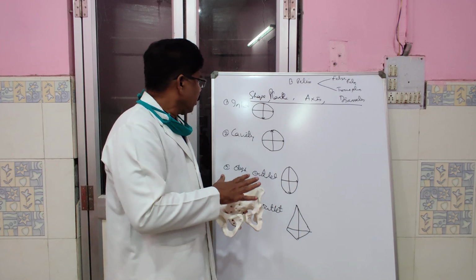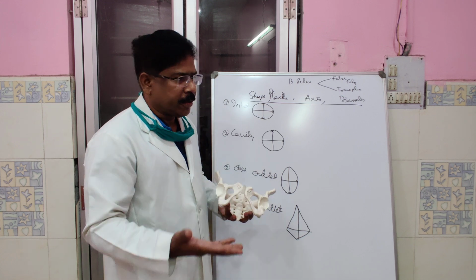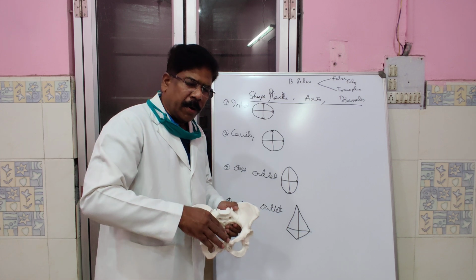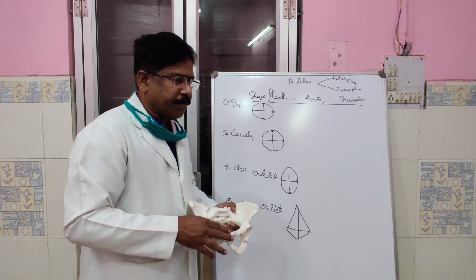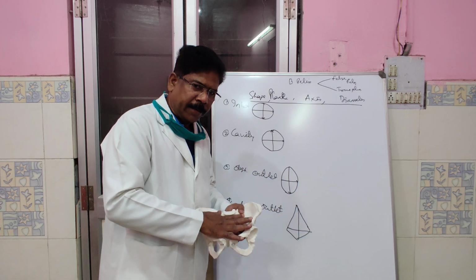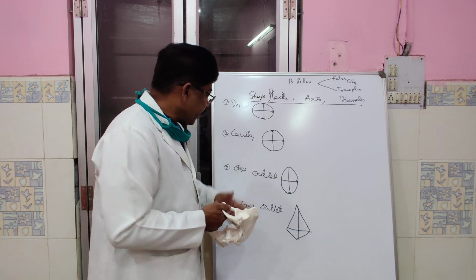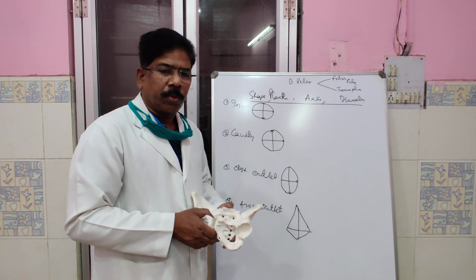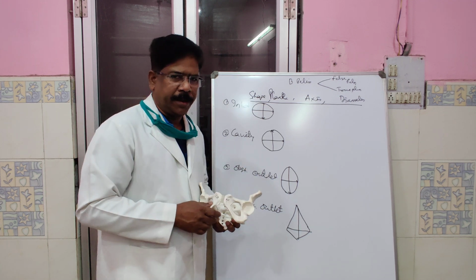That means the brim or the inlet is a plane, so you need not understand extra things. Similarly, that is true for the anatomical outlet also. As the cavity is a segment and the obstetrical outlet is a segment, you should learn where the plane of the obstetrical outlet and the plane of the cavity lie.